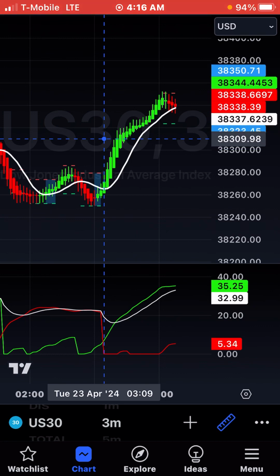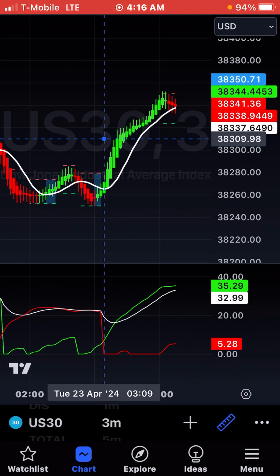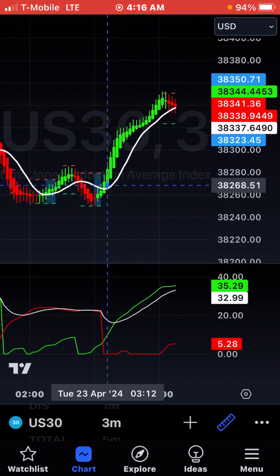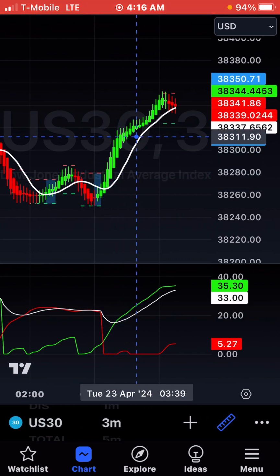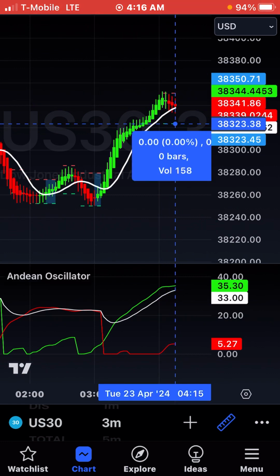It's a little bit harder because you're basically going against the trend when you're doing this, and you don't ever want to go against a trend. Right here it crossed up, so you're going with the trend. When it's crossing down, it's basically retracing, and you're going against the trend. It's just temporarily trying to bounce from either bearish or bullish.